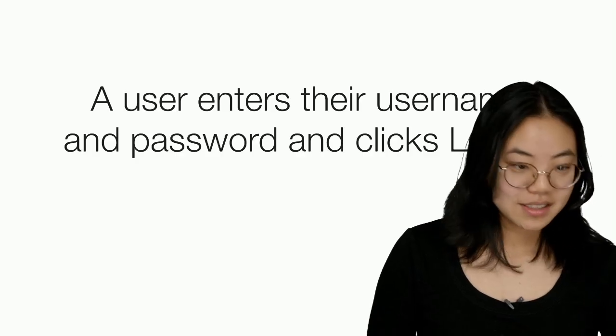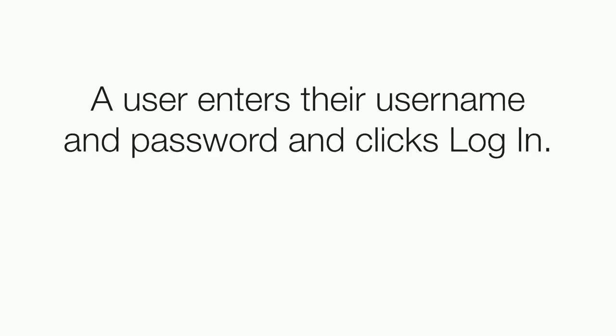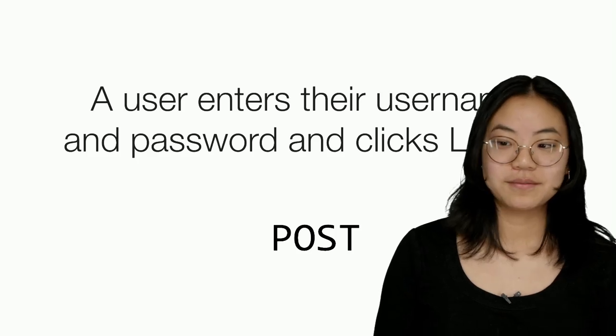A user enters their username and password and clicks login. I sort of just spoiled this one already, but this would be a post request because I am entering information, and then that information is going to the server and say updating something, or in this case, logging the user in.